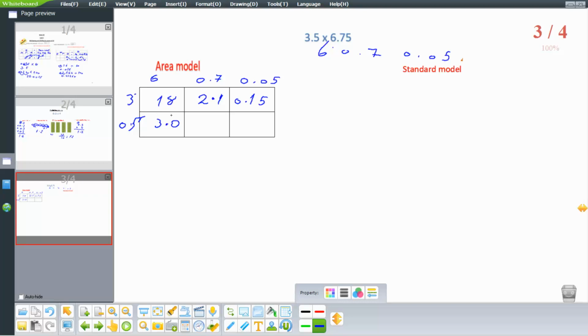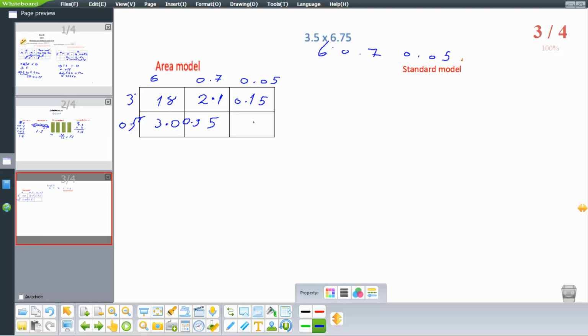7 times 5 equals 35. Okay, here we have one decimal place, and here we have one decimal place. So we have two decimal places, so we are going to put the decimal point after two digits. 1, 2, then put the decimal point and 0. 0.05 times 0.5.